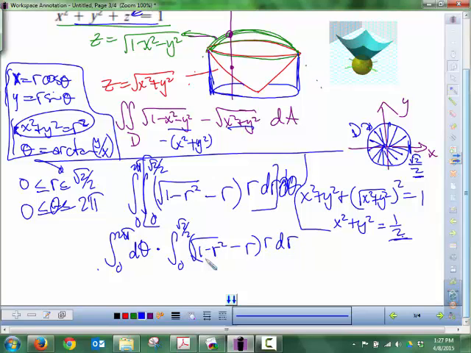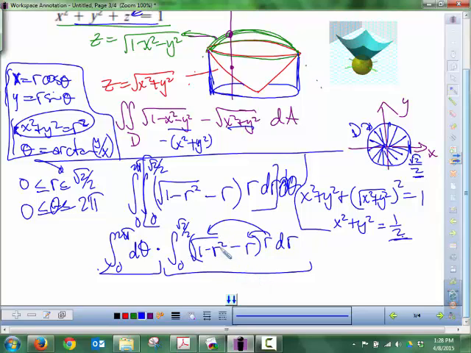Okay? So this is the same principle as the one we just talked about last time, when we got the thetas and the r's that we can separate as products, as factors, and then we can just separate the integrals that way. And this integral, after you distribute the r, you would split into two integrals.